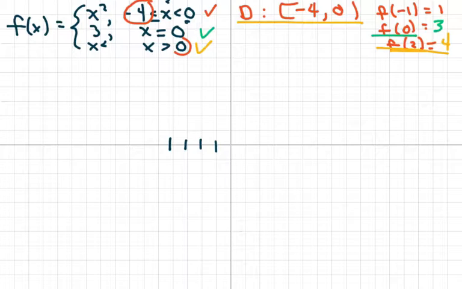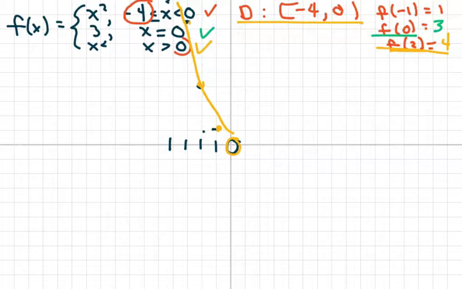I should have moved this. -2 goes to 4. -1 goes to 1. And 0 goes to 0, so we're going to do an open circle here. Let me do this. So we have a point here, 9, and I can't get to 16. So you just draw this, and we just know that we're stopping at 16 here.